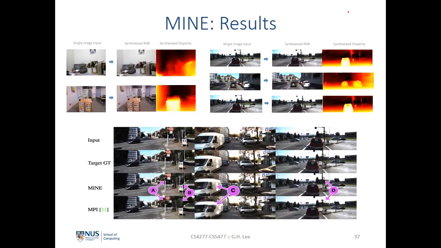Therefore, we are able to render better quality images compared to the ground truth, and compared with MPI, ours is actually better. So here are some results of the novel view synthesis. In fact, the street view dataset, this KITTI dataset, is actually very difficult to train.